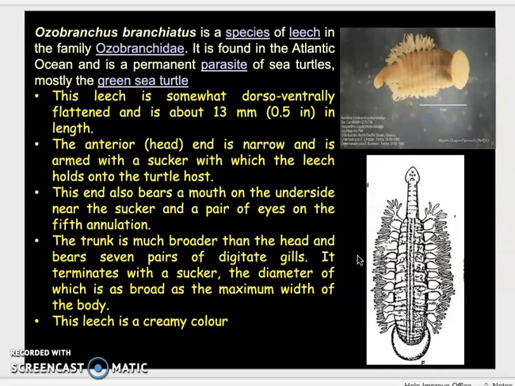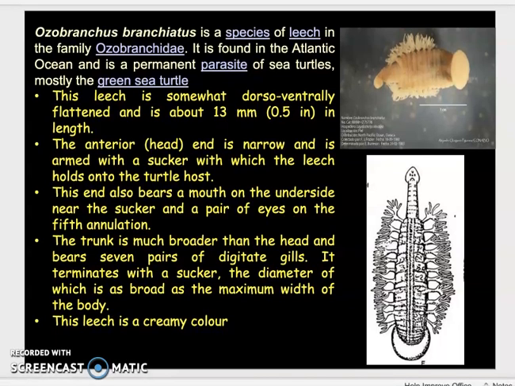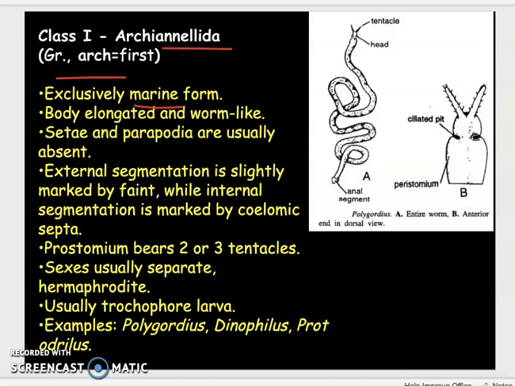So that's all in this video lecture, and once again we will go back to the slides and see the different annelids. The first, class 1, is Archiannelida, example Polygordius.